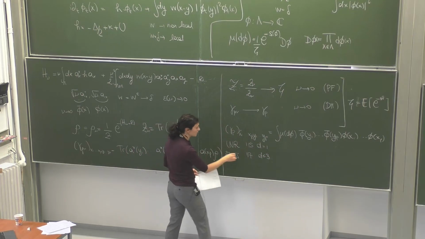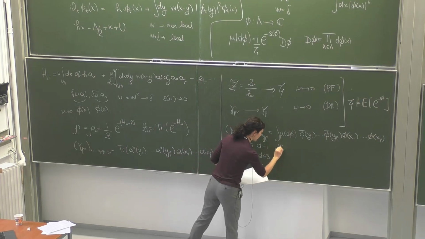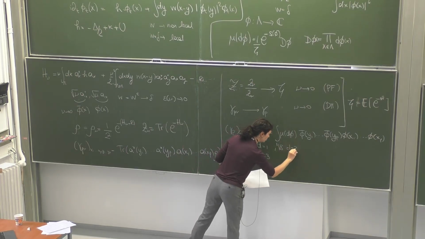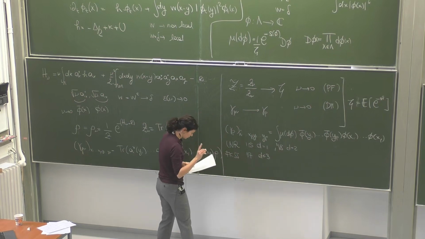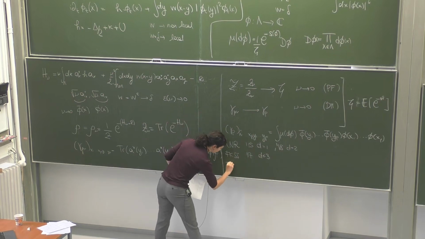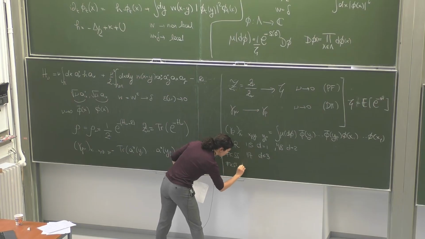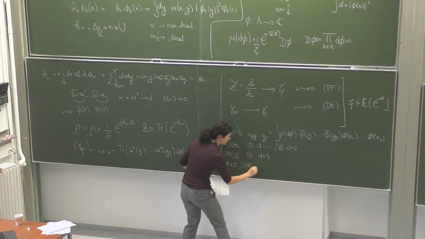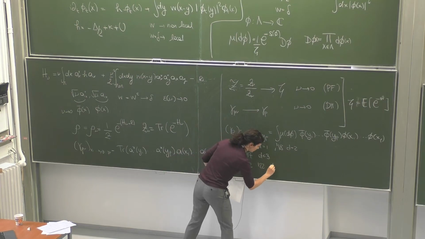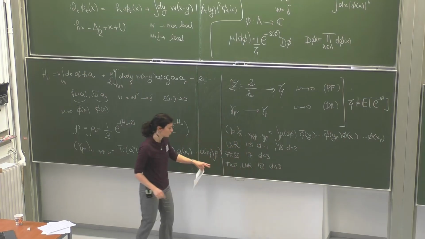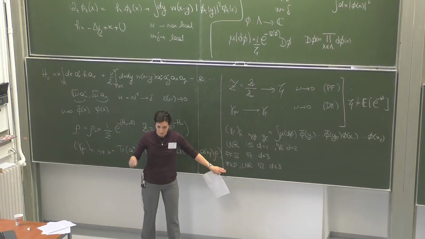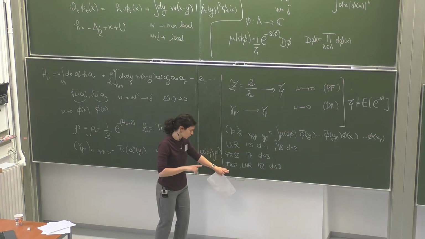Then in 2018, dimension equal to 2, and in 22 the two groups actually proved the convergence in the mean field limit to a non-local interaction for dimension equal to 2.